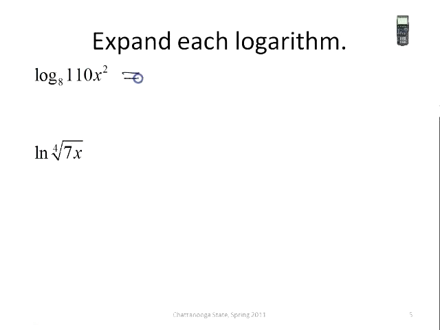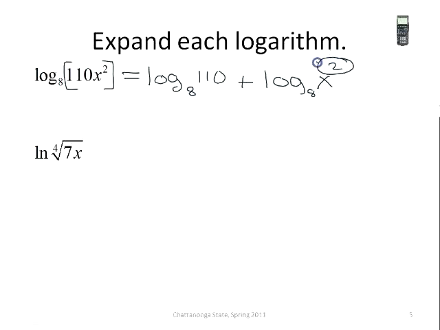Now I can use the same properties to expand logarithms. Here I have the log of 110 times x squared. So I can break that apart into the log of 110, the base is 8 on all of these, plus the log base 8 of x squared.